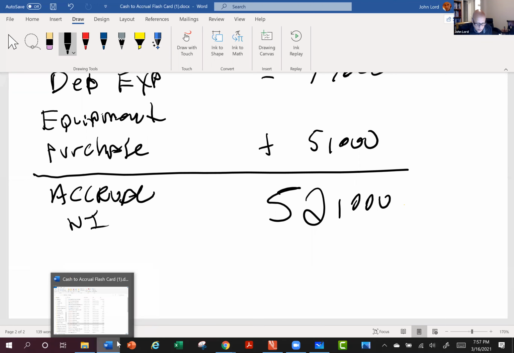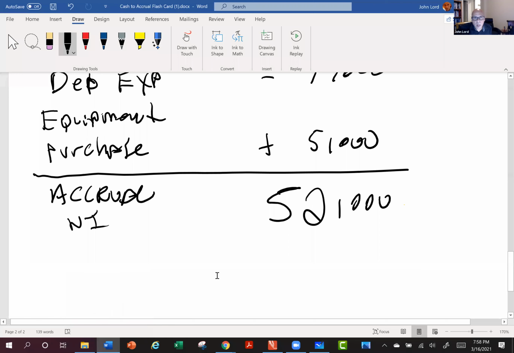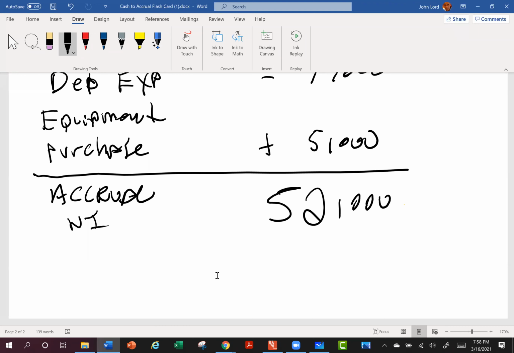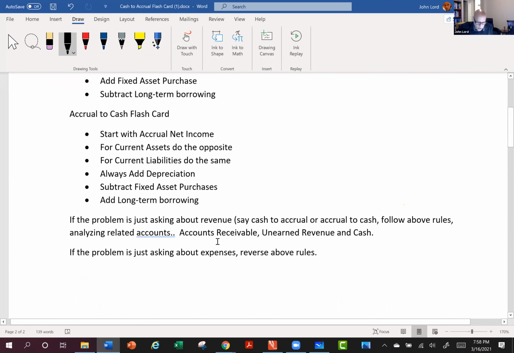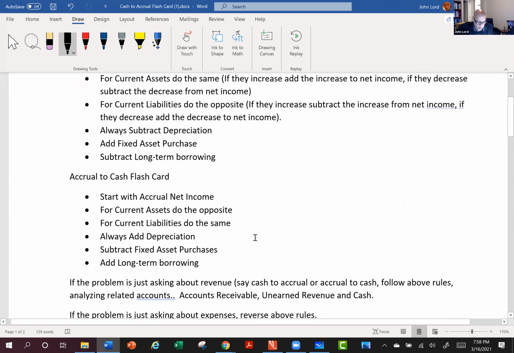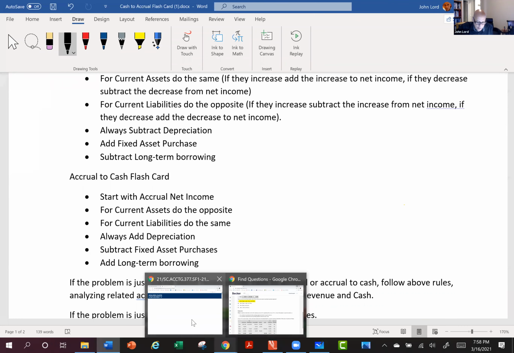Let's see how we can do on this. You should be able to see the class question in your book. Can you guys see the class question in your book? Yes, but we need the flashcard. So I'm going to leave the flashcard up.